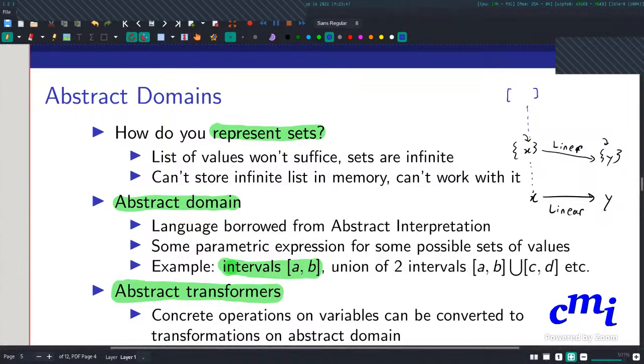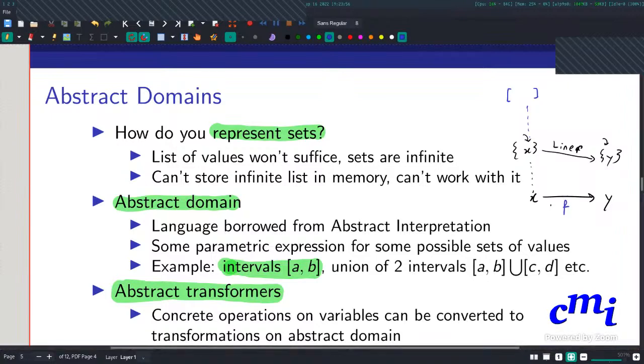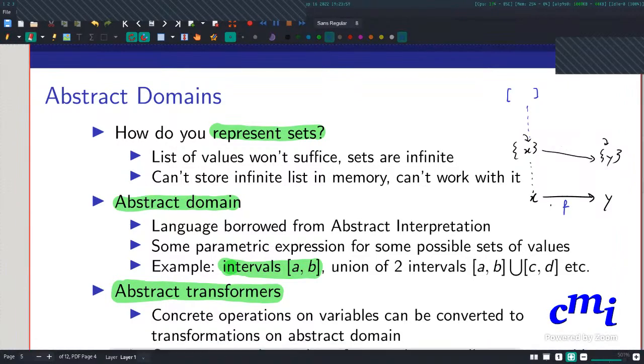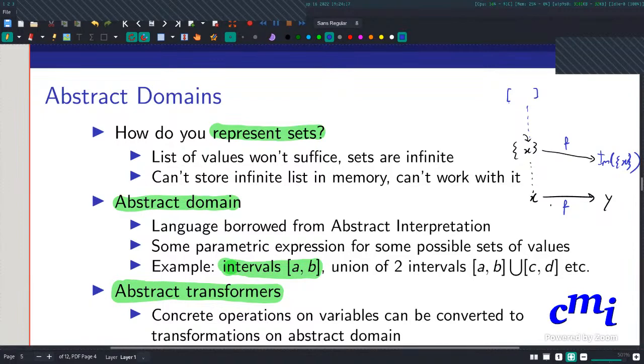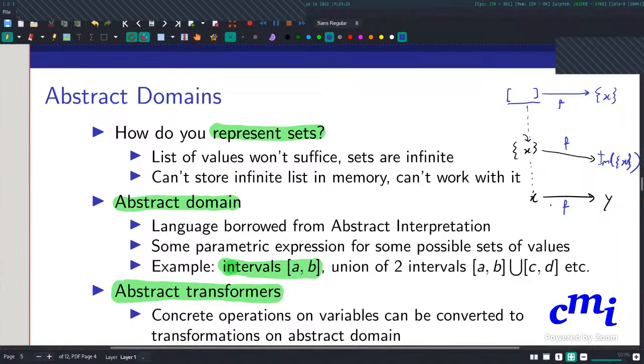If you have some arbitrary function, let's say f, that takes some x to y, then f will take a set of values of x to the image of that set. Now, you're looking at intervals. Then you can see where this interval will go under f. It might go to some arbitrary set, but you find the largest interval that will contain this in some sense.